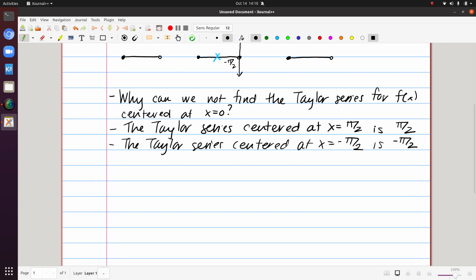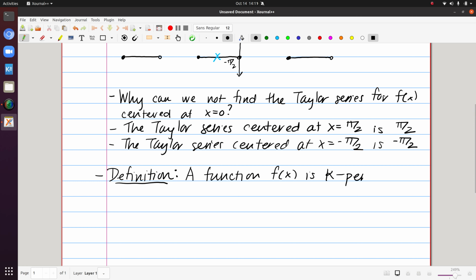And that's the idea that this function is what we call periodic. So often we are familiar with the term periodic when we're talking about trig functions, but just to give it a full definition here, a function f of x is k periodic, or we might say that it has period k, if f of x plus k is equal to f of x for all x.